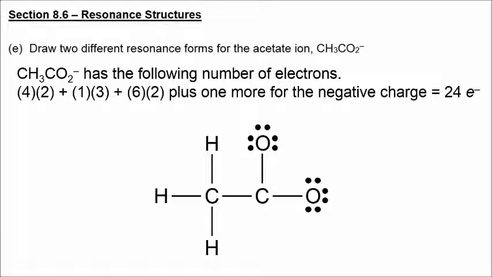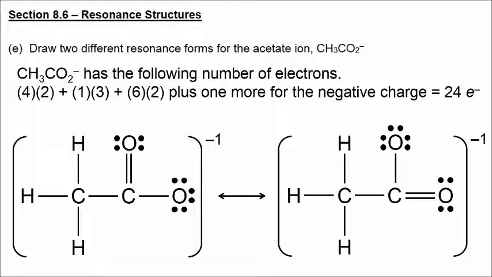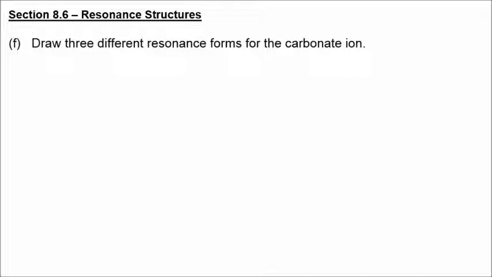This is not my final structure because carbon doesn't have an octet, but now I have a choice. I could make the double bond on either oxygen with carbon. So the two resonance forms would look like this, alternating single and double bonds. And the actual structure of acetate would be a hybrid of these two structures.